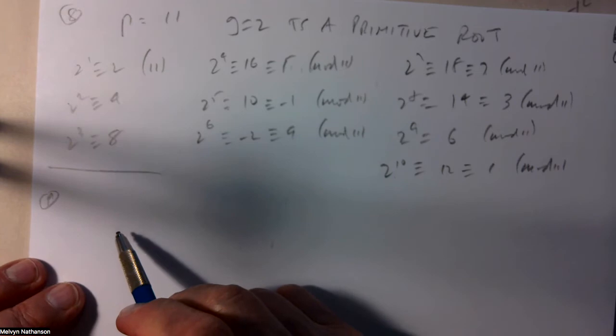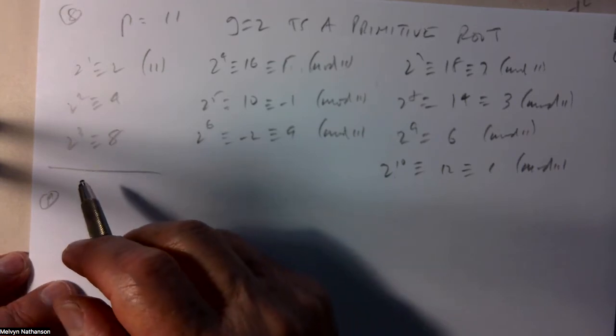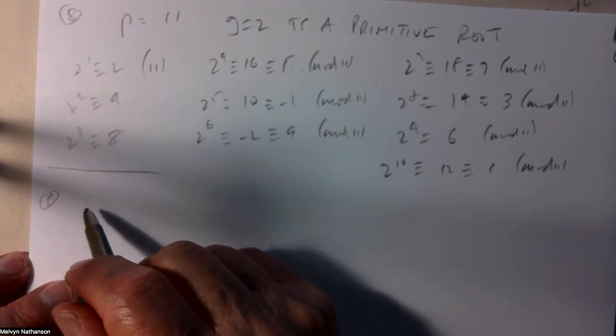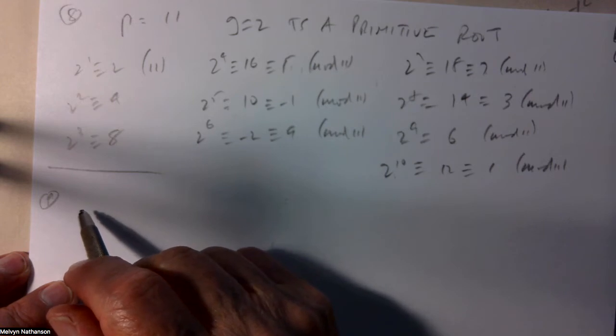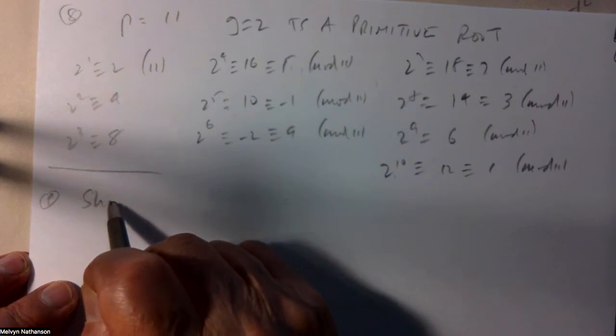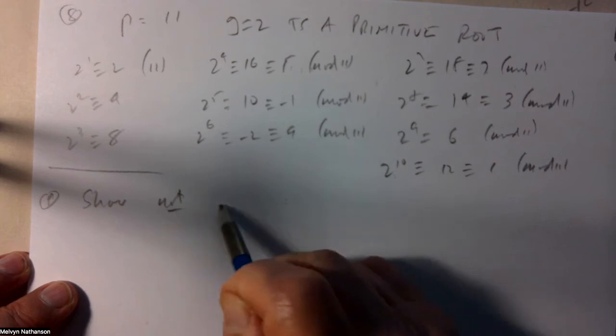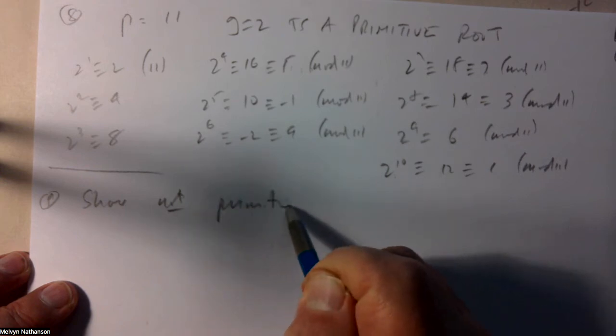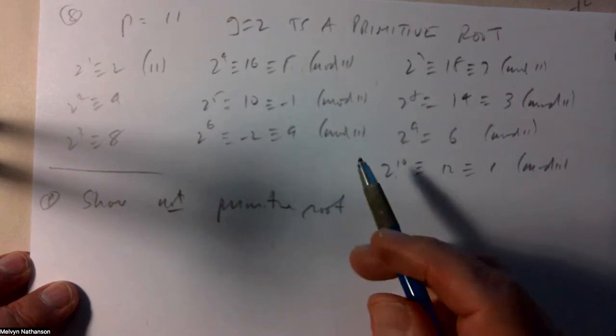Problem 9 is to show that 3 is not a primitive root mod 13.